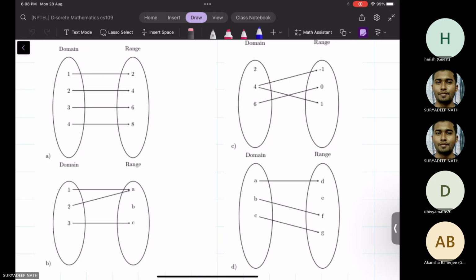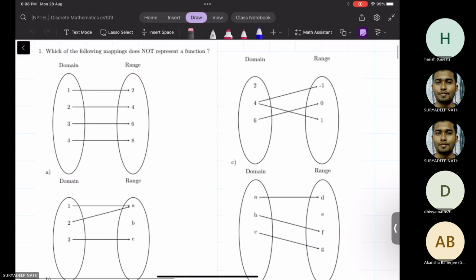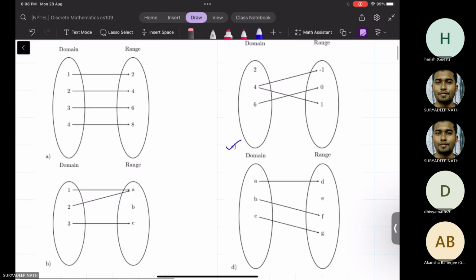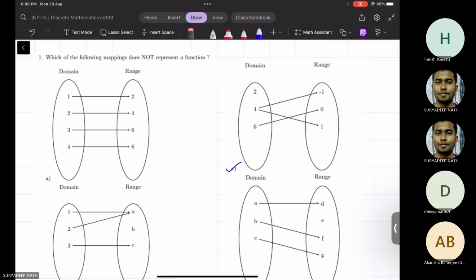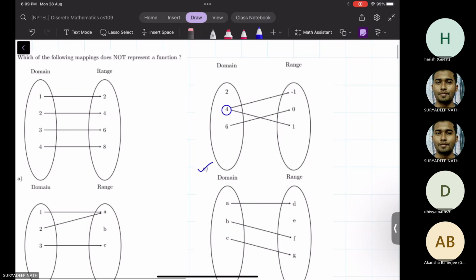Okay, option C. So yeah, you're right. Option C is the right answer for this question. I'll explain why option C is not a function. You see, -1 and 1 have a common pre-image 4. For every element in the range, there can be multiple pre-images in the domain.